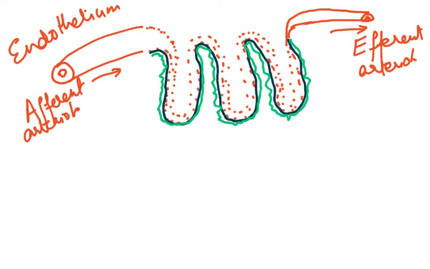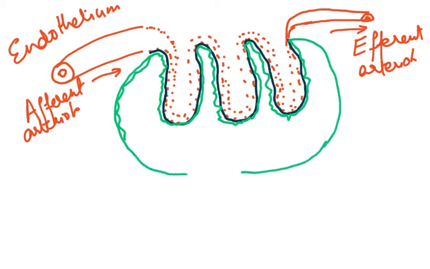I always compare it to a catcher which we tie up our hair with, and then it continues like this. Now this structure is different. These are flattened cells. So that layer is called the visceral layer, and this is called the parietal layer. And then of course this is going to go into the PCT, so this part is where the PCT starts.